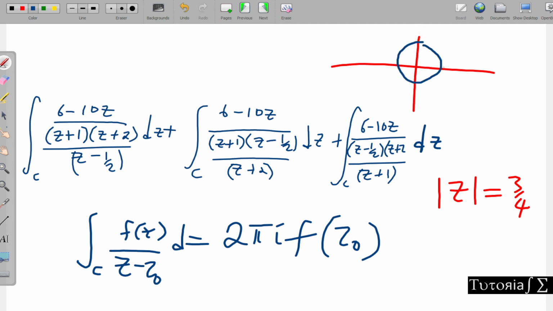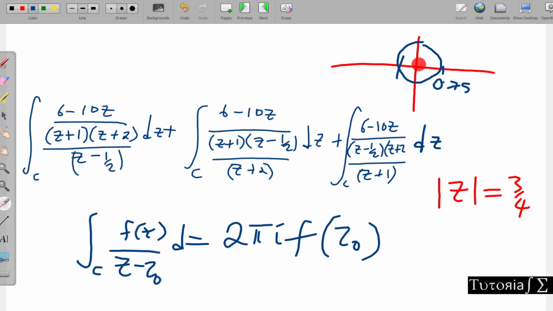What is 3 over 2? That is 0.75. So among these, which one is inside here?